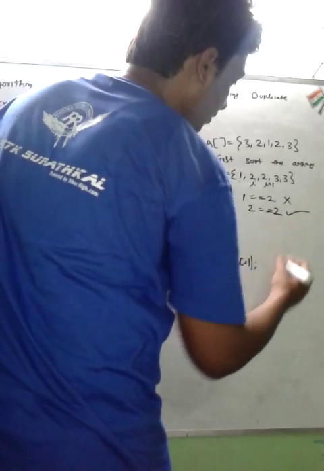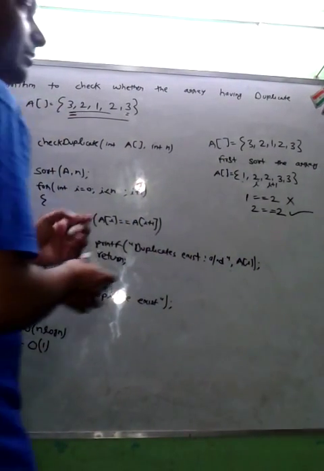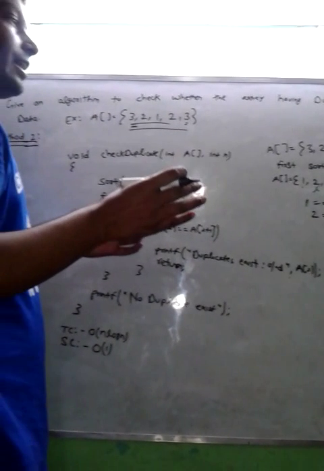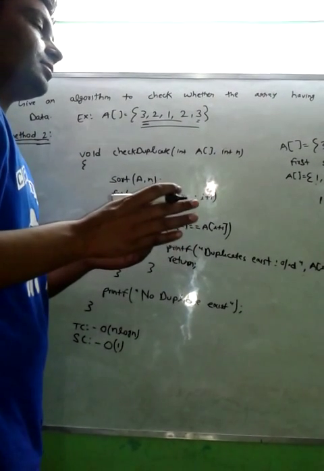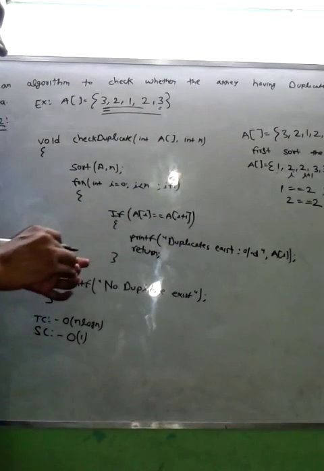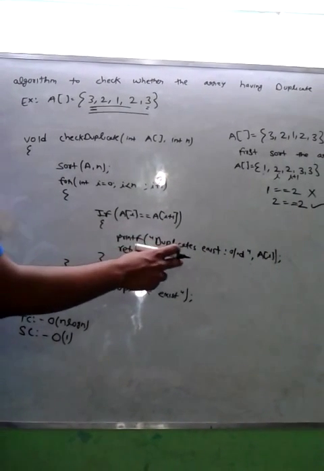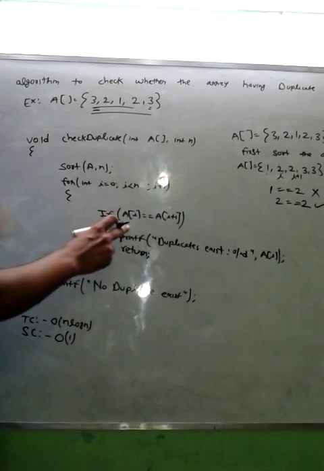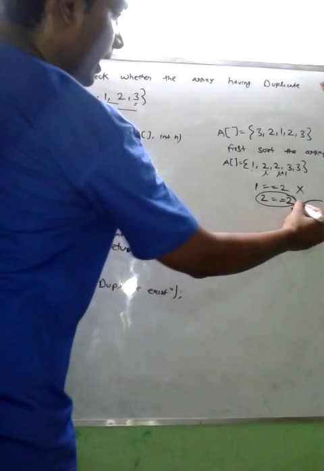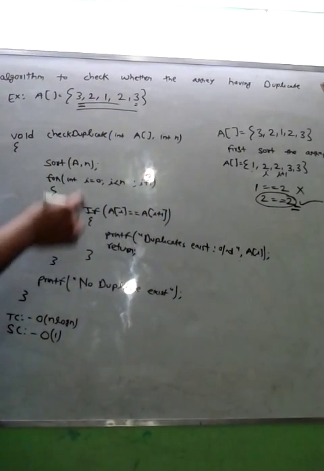Yes, we have found the duplicate element. In this way we iterate the array until we find a duplicate element. Here we have found the duplicate element 2, so the array has a duplicate item.